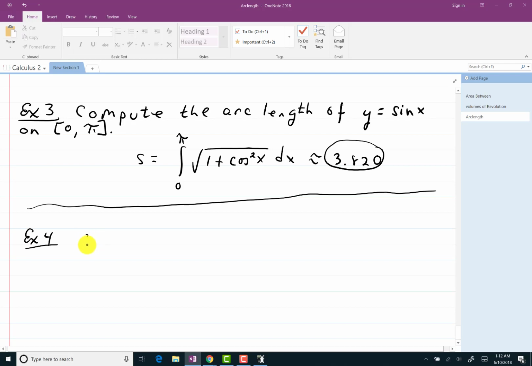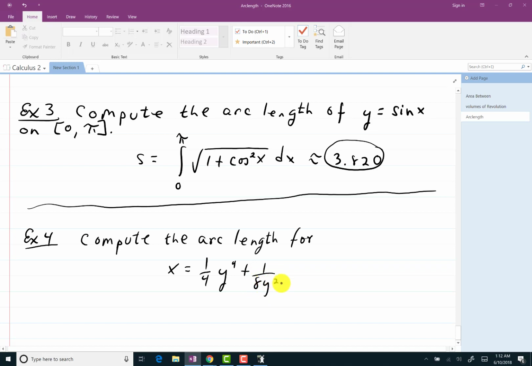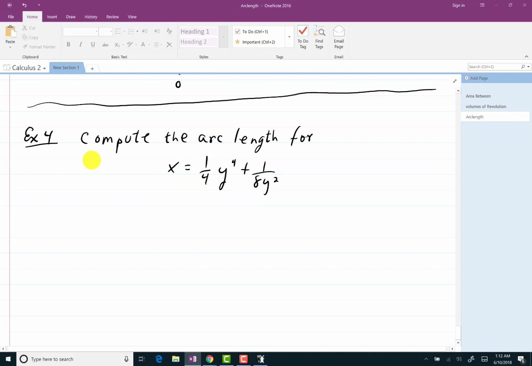Compute the arc length for x equals 1/4 y to the 4th plus 1 over 8y squared on 1 less than or equal to y less than or equal to 2. Basically, there's nothing different than what we've done before. I'll come to the problem in a minute.